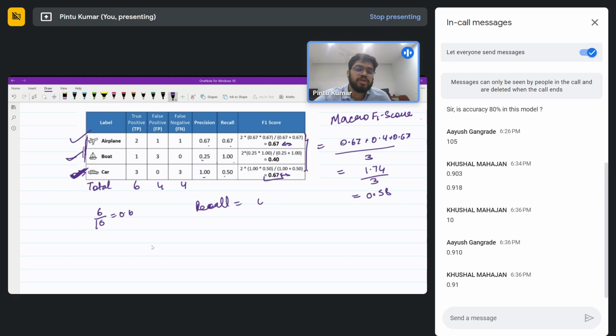Recall again would be 0.6, right? So what is my micro F1 score? It is 2 times 0.6 times 0.6 divided by 0.6 plus 0.6, and this is nothing but 0.6, right? So this is 2 times 0.6, you cancel that out and you get 0.6.